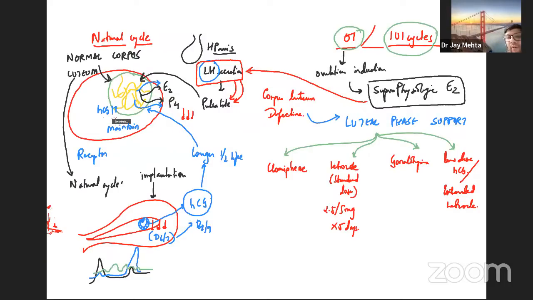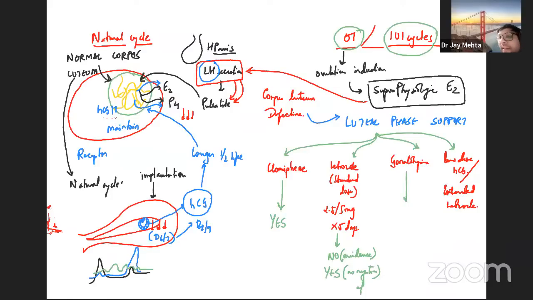In clomiphene, do you need to use luteal phase support or no? Answer is yes. For letrozole standard dose, the evidence is actually saying no, it is not required, it doesn't really change, but the evidence says that if you use luteal phase support, there is no negative effect. That means if you use luteal phase support, it doesn't mean that the pregnancy won't happen. Correct?